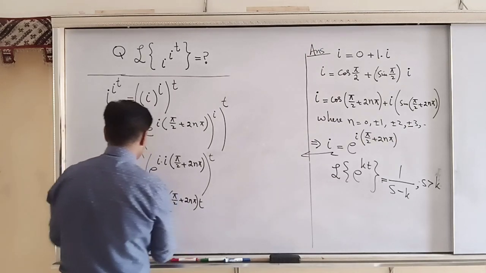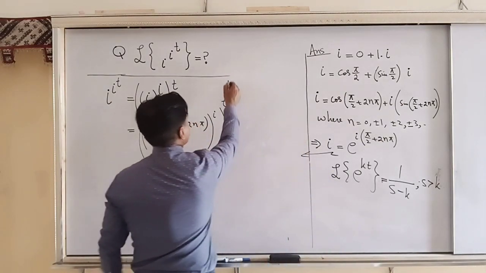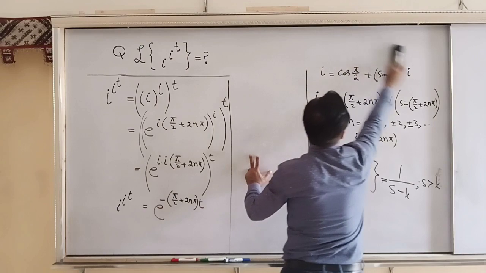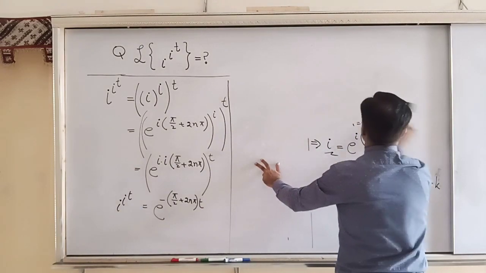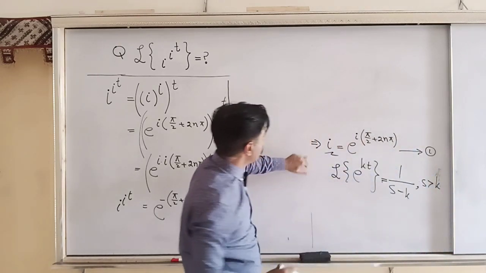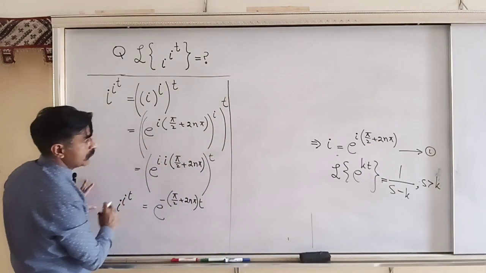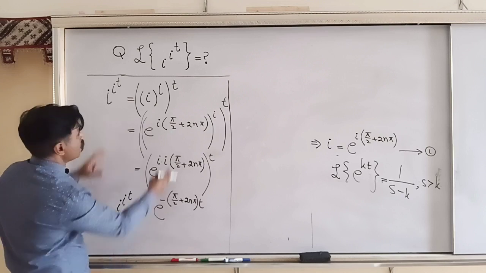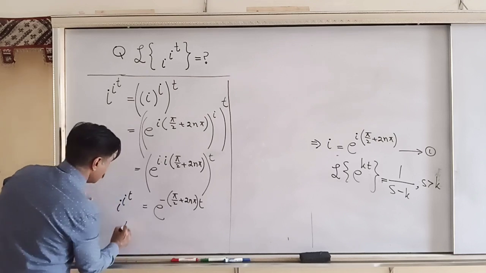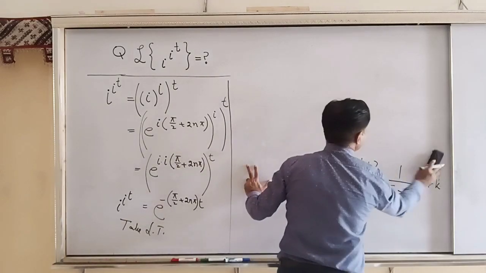And now take its Laplace transform. You may name this as equation number 1, in which you found the value of iota equal to this. Now you have used this value of iota, and take the Laplace transform.